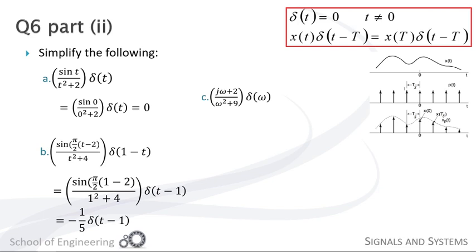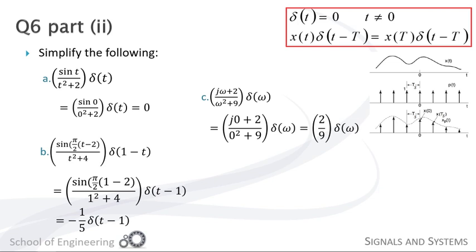Omega 0. So what I do is I substitute omega equals 0, which gives me 2 over 9 delta omega, which tells me it has that value at 0 and 0 everywhere else. So if I want to draw it, for example, this one will be at 1, a minus 1 over 5 there.